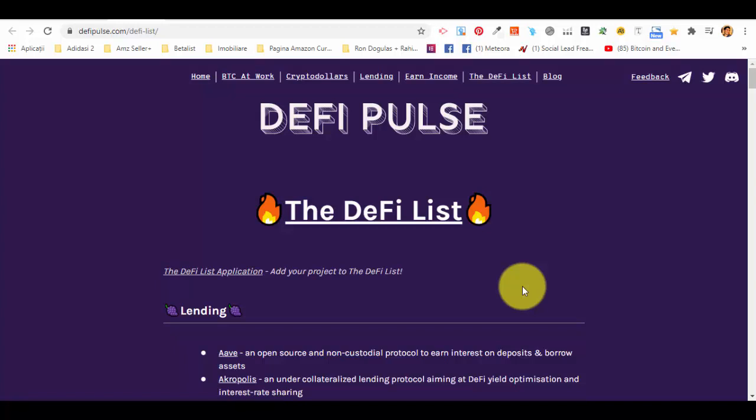These decentralized finance projects basically have multiple earning methods from cryptocurrency, and they're developing new ones all the time. New decentralized finance projects appear all the time, so you need to keep an eye on it.